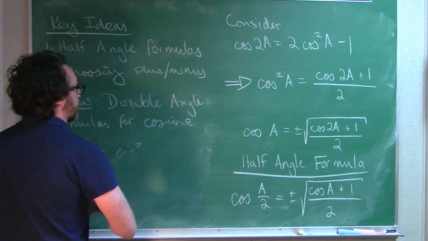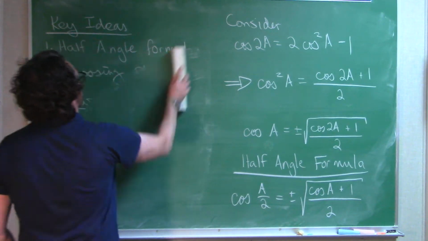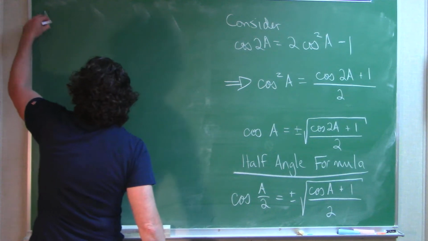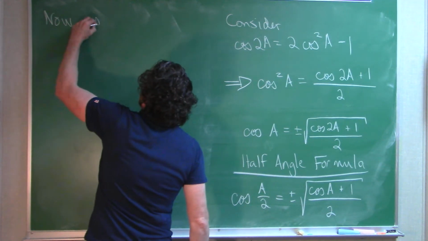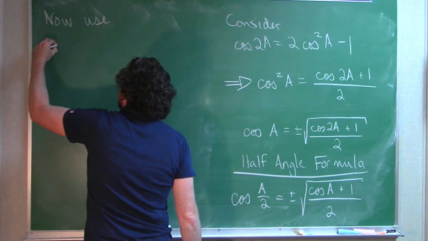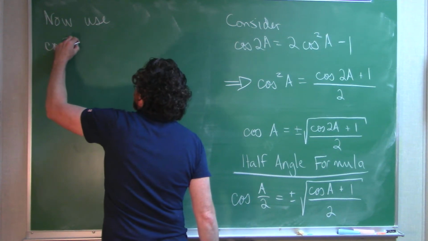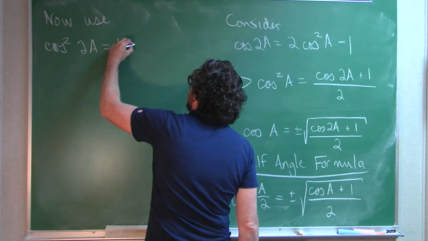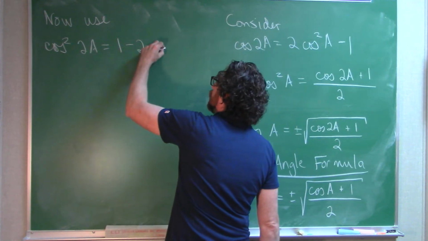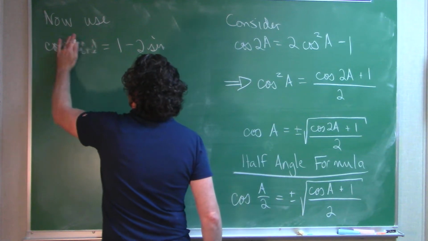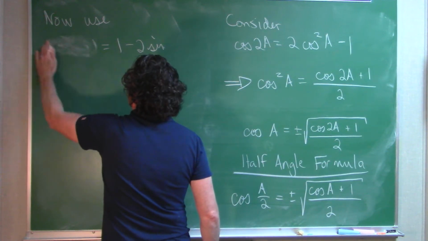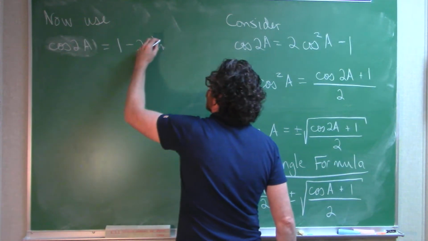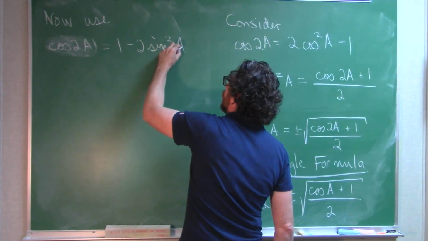We can get a half angle formula for sine as well. What we do is we start with this version of the double angle formula for cosine. It's cosine 2a equals 1 minus 2 sine squared a.